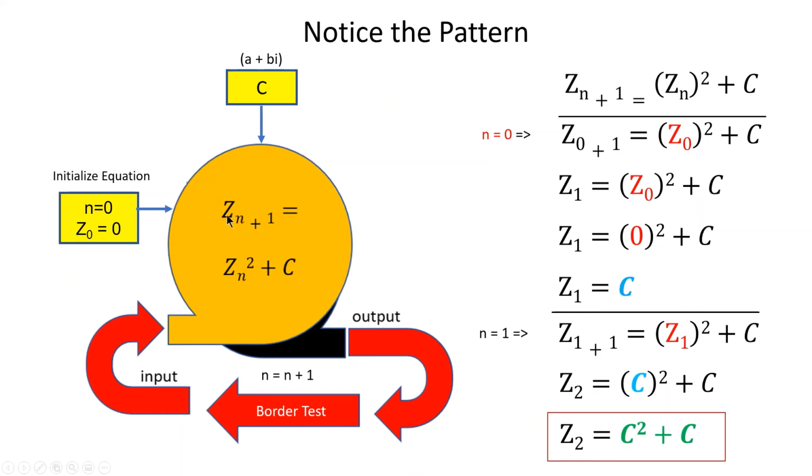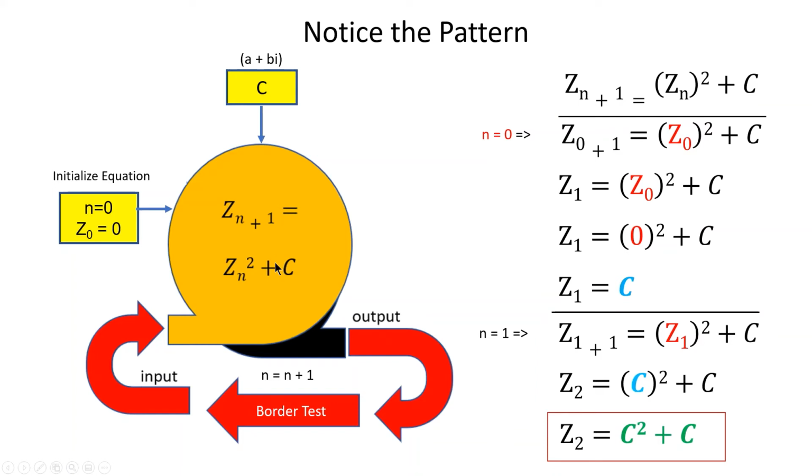And now Z sub 1 plus 1, because n is 1, is equal to Z1 squared plus C. So we add 1 plus 1, we have Z2. Where'd we get that? Right from here. We knew Z1 was C. So Z1 is C, C squared plus C. So we now know that Z2 is equal to C squared plus C.